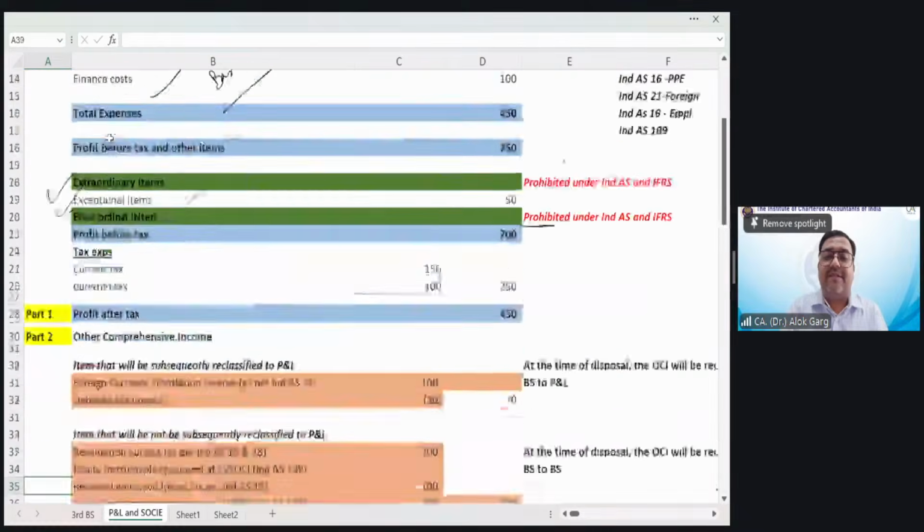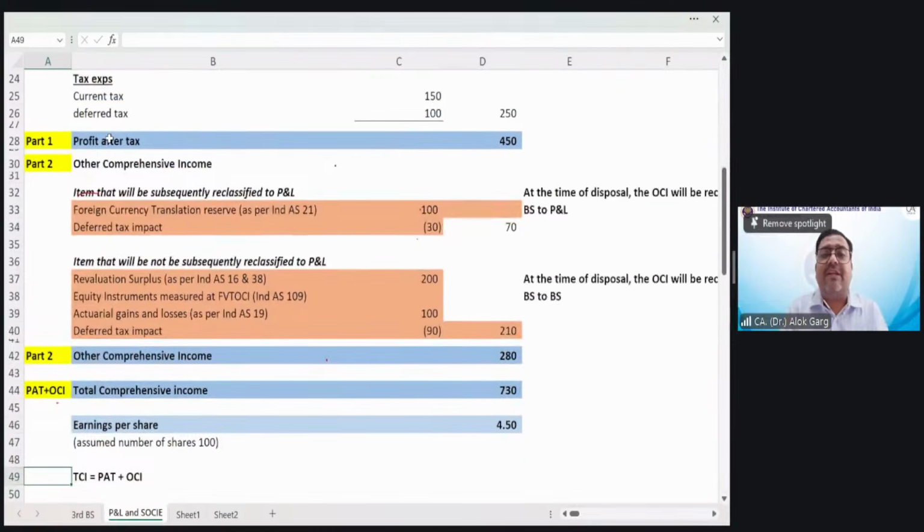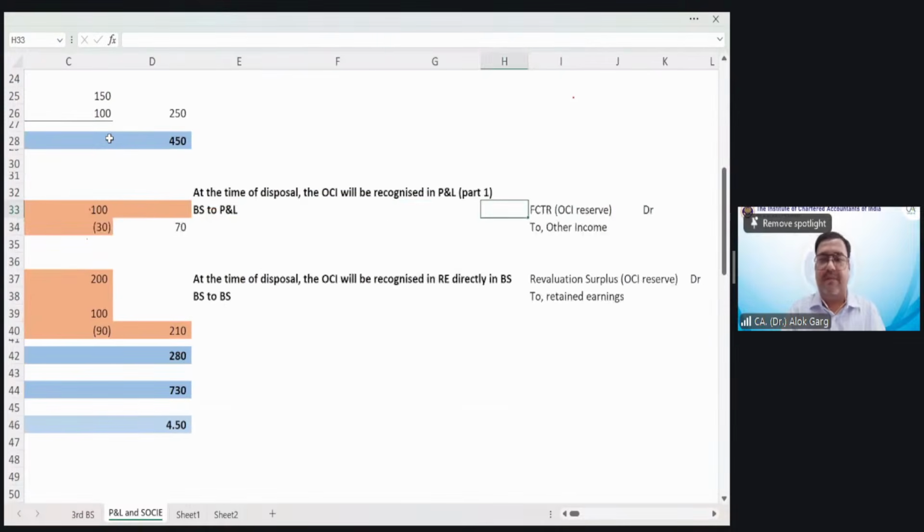So friends, items that will be subsequently reclassified to P&L means at the time of disposal. For example, you have created a foreign currency translation reserve on a foreign subsidiary. Now you have sold the foreign subsidiary in the next year. So you created an FCTR, now you disposed of the foreign subsidiary. What should you do with that FCTR?